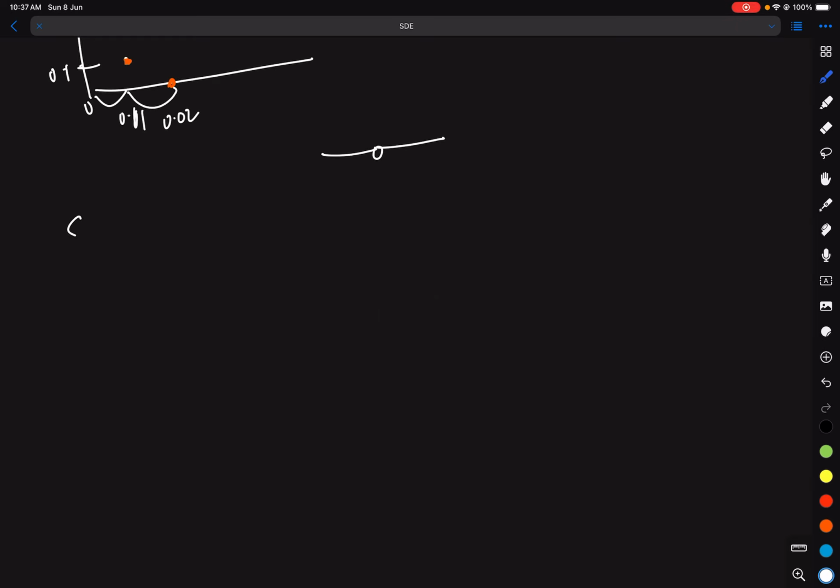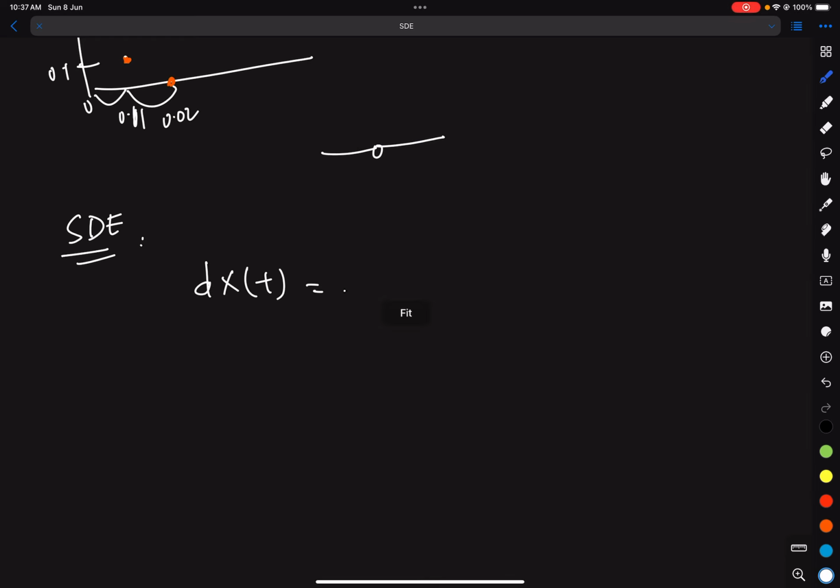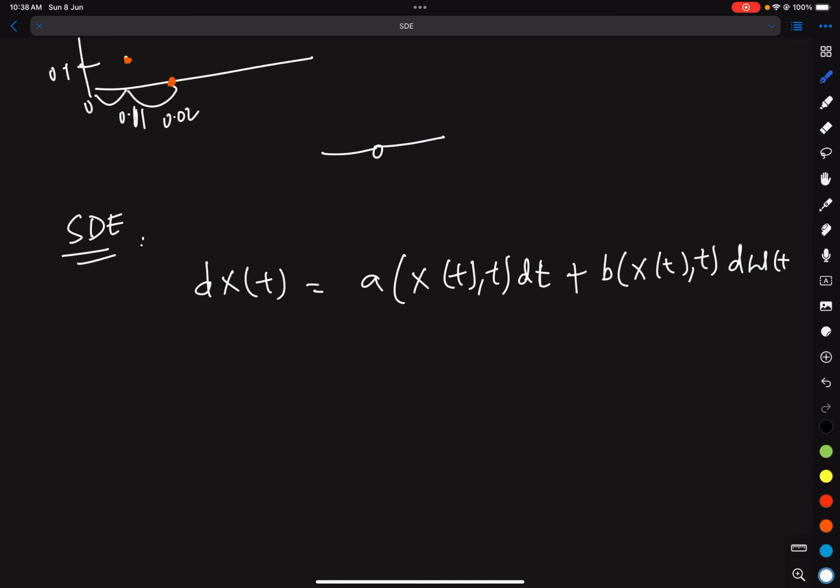Now let's see the SDE, which is a stochastic differential equation. Like I mentioned, this is the mathematical equation dxt, which is the combination of both deterministic and random parts. Let's imagine this is the deterministic part, x of t dt, plus this is the random part, dwt. So this is the component that till now we discussed. This is called Brownian motion, right?